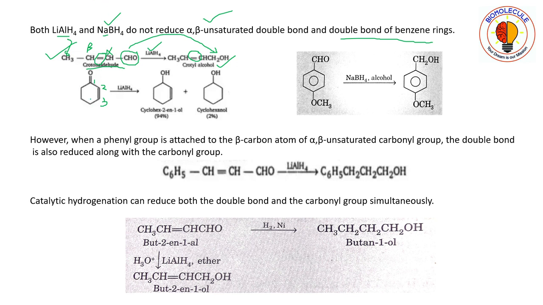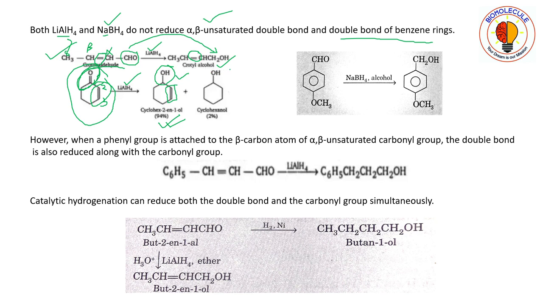Now if we treat this compound with lithium aluminum hydride, this unsaturation will not get reduced, only the ketonic group will get reduced to secondary alcohol, as you can see in the major product here, that is cyclohex-2-en-1-ol. See that the unsaturation remains intact, only the ketonic part is reduced to secondary alcohol.